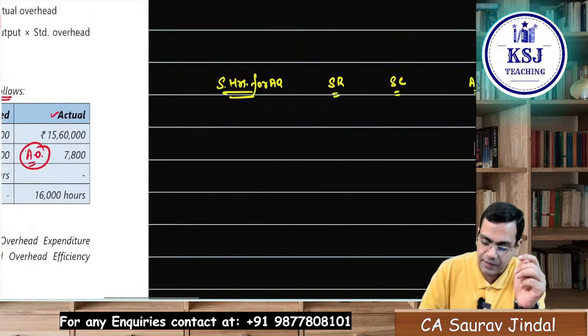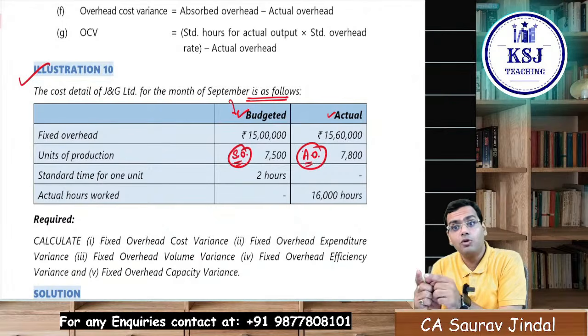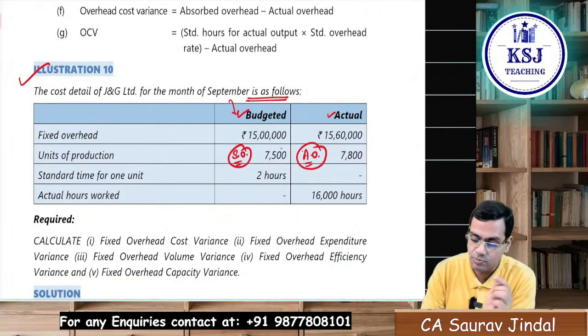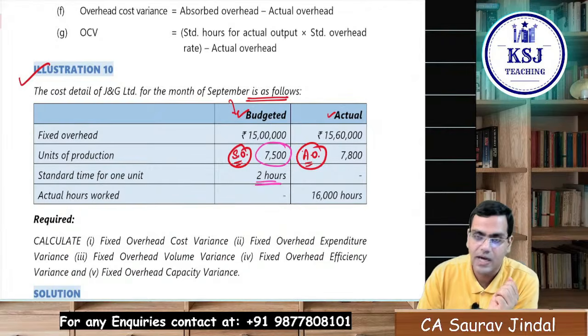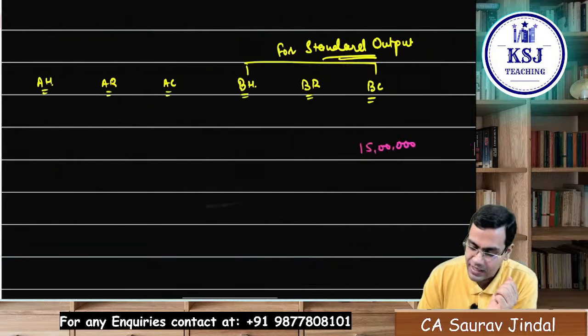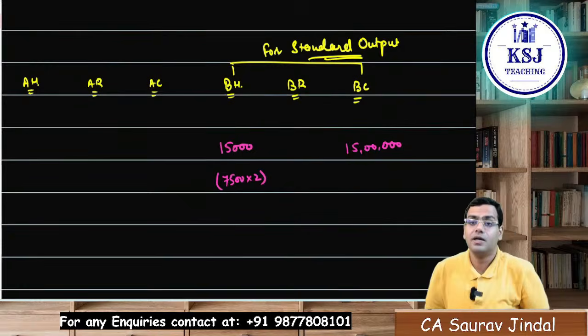What is the budgeted hours or the budgeted rate? Budgeted hours we can write down. For the budgeted output or the standard output, what is the standard output? 7500. What is the time for 1 unit? 2 hours. So I can calculate the budgeted hours as 7500 multiplied by 2, that is 15,000 budgeted hours.